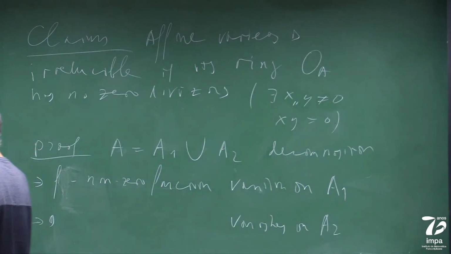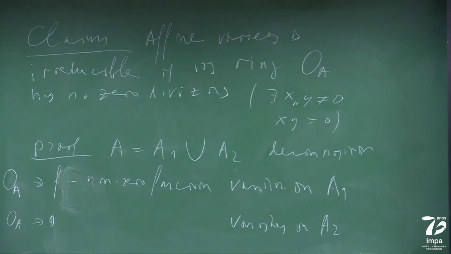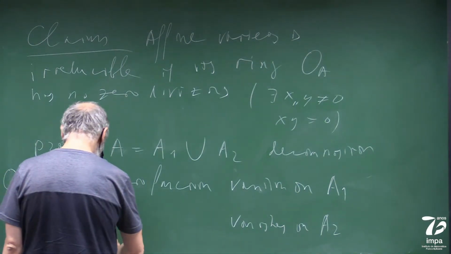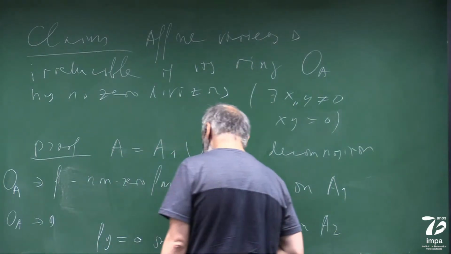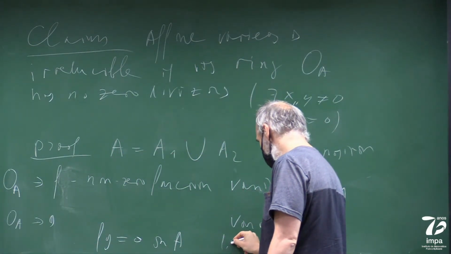Then, since A is the union of A1 and A2, fg is equal to 0 on A. Then f and g are zero divisors.